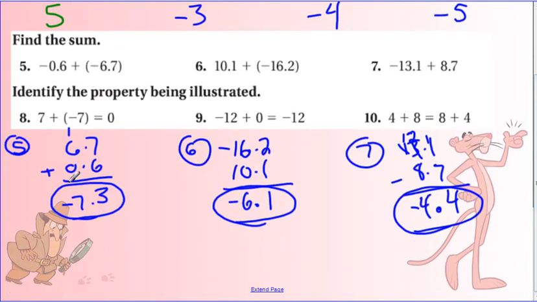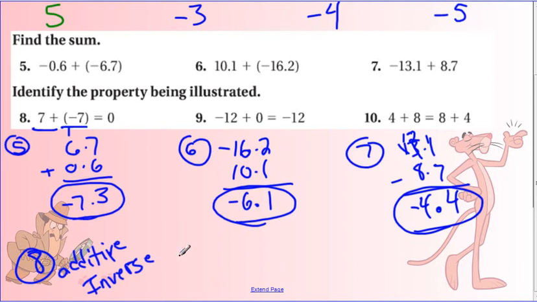And lastly, 8 through 10 is just identify the property. Number 8, that is the additive inverse. I know because these two numbers are inverses of each other, and they're being added together.